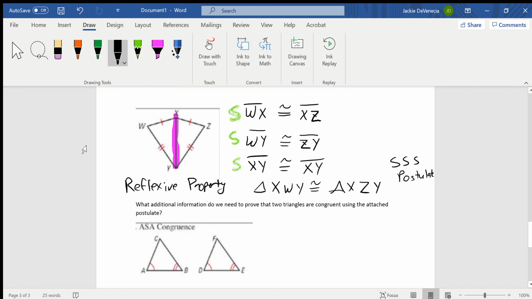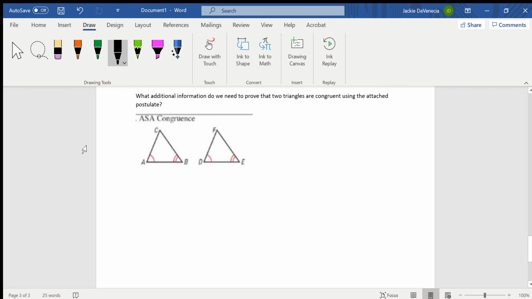Now let's look at this last question over here. This is saying, what additional information do we need to prove that two triangles are congruent using the attached postulate? So basically what this is asking is, we want to use the ASA congruence postulate. But the thing is, this is the only information they gave me. So let's jot this down.